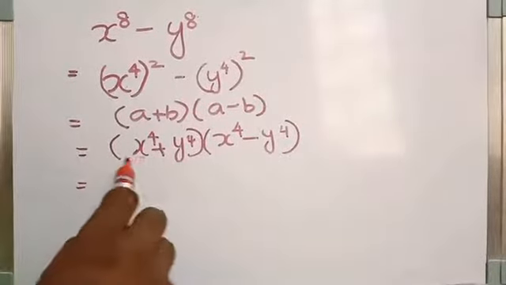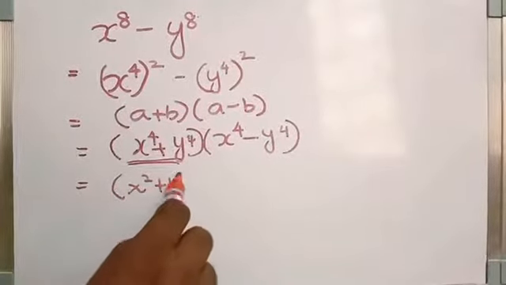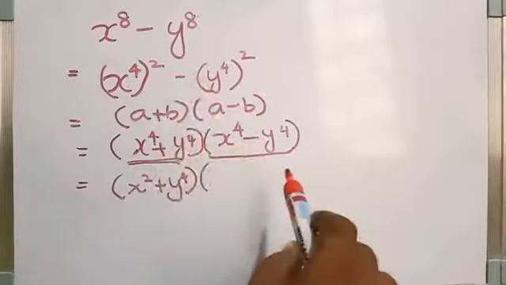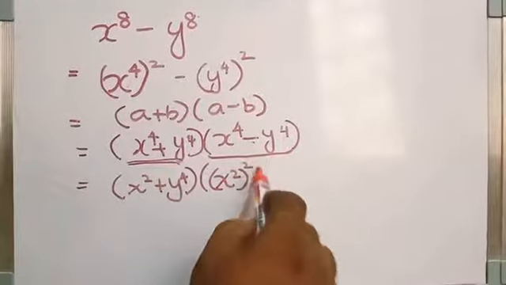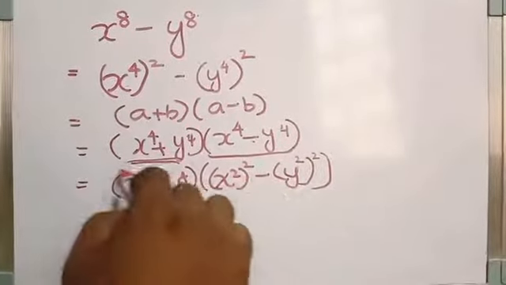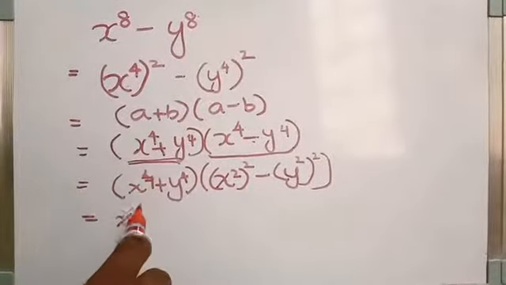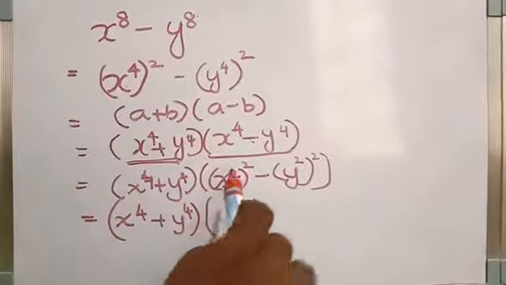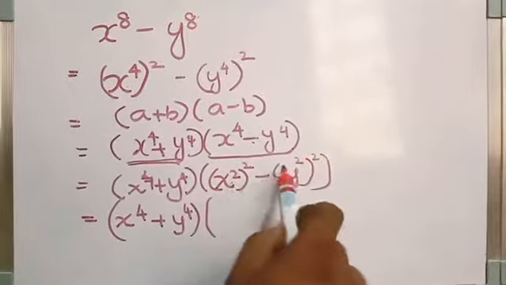We cannot do anything with this first part at the present moment. So we keep x raised to 4 plus y raised to 4 into, now you check this part. This is the thing we did for the previous question. So it can be written as x squared the whole squared minus y squared the whole squared. That's equal to x raised to 4 plus y raised to 4 into, now again it looks like a squared minus b squared, where a is x squared and b is y squared.